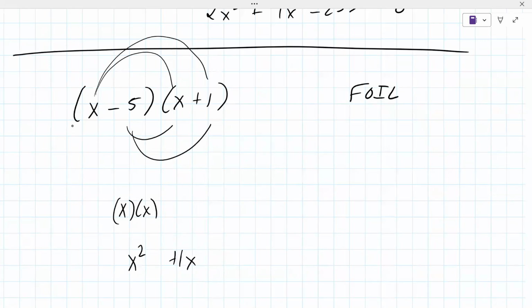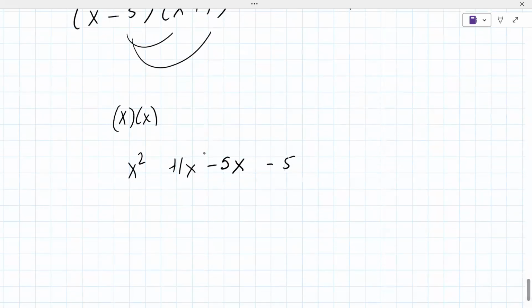Keep going. 5 times x. That is 5x. It's a negative, negative 5x. And then negative 5 times 1 is negative 5. All right. x squared minus 4x minus 5.